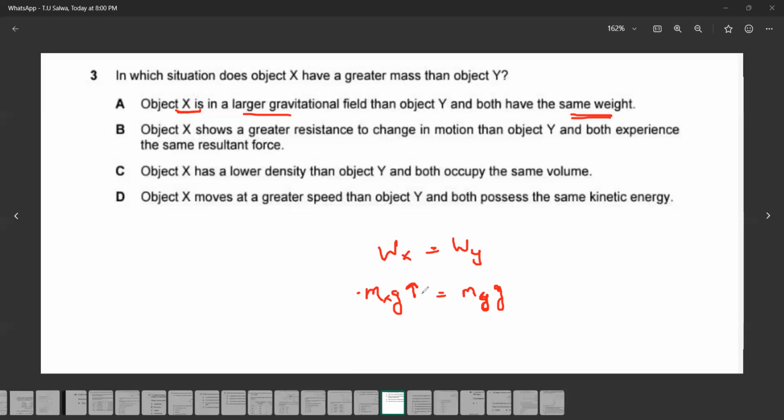So if the value of g is more, what happens to the mass? Because we want the same weight, and weight is the product of mass and gravity.